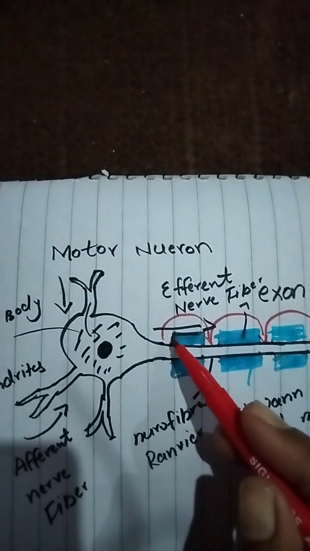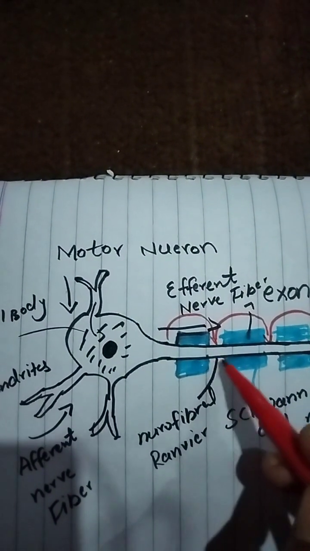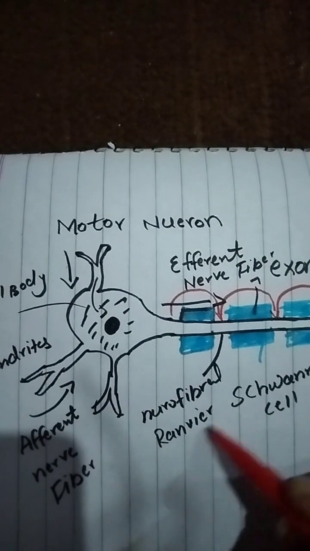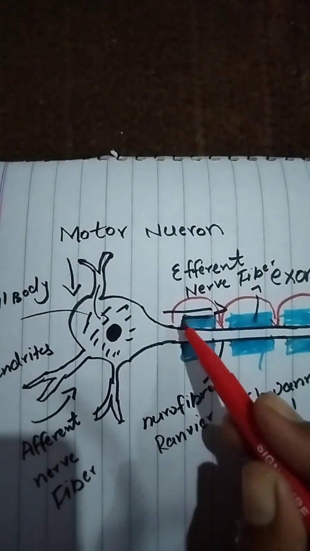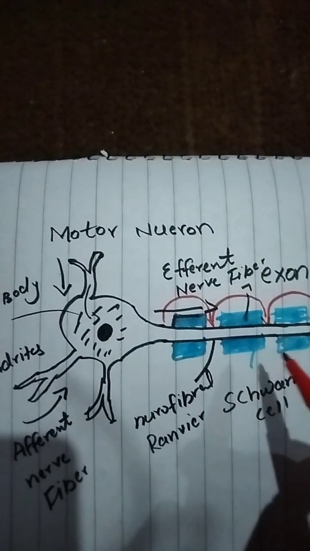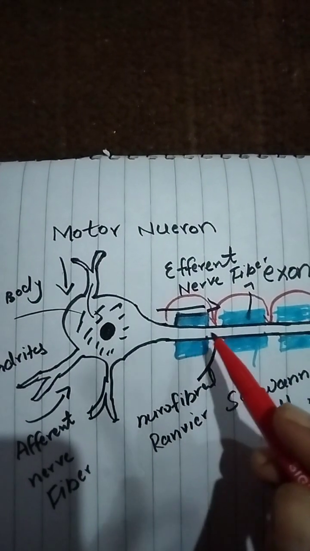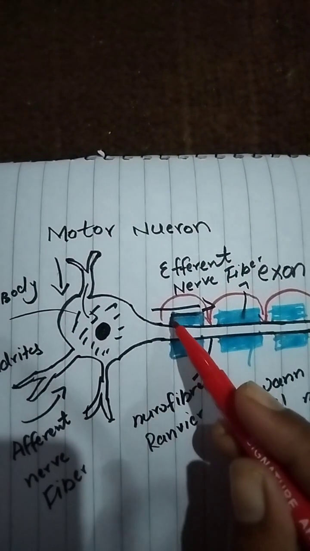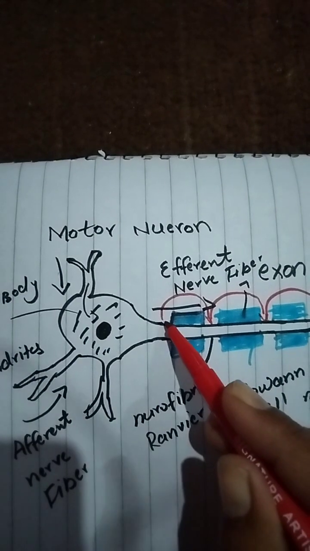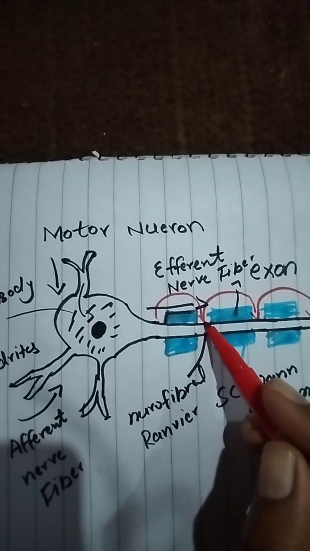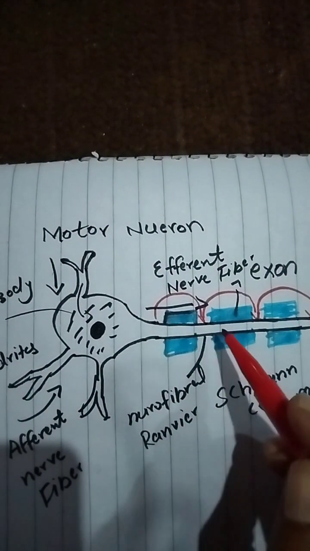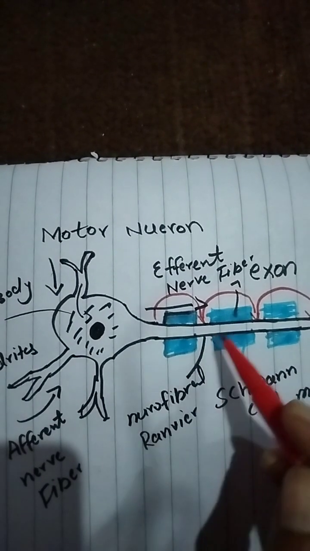Due to these neurofibril nodes, the nerve message becomes fast, quickly jumping from one node to another, and in this way the nerve message becomes very fast.